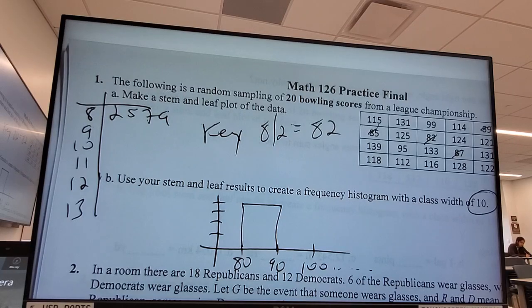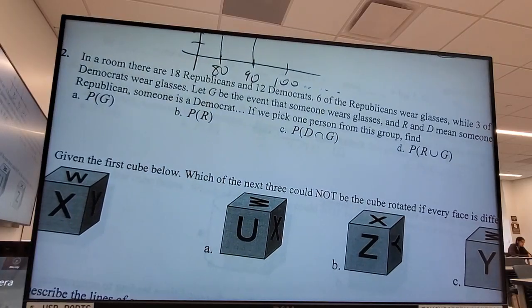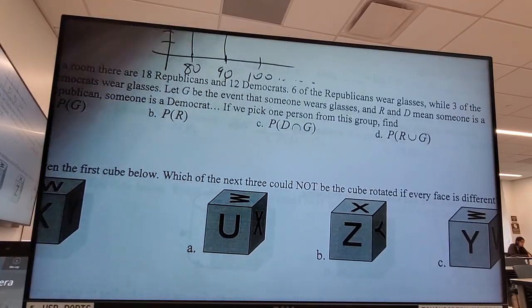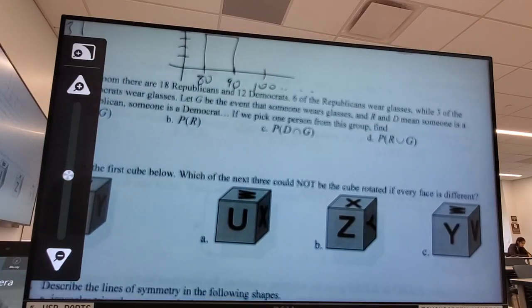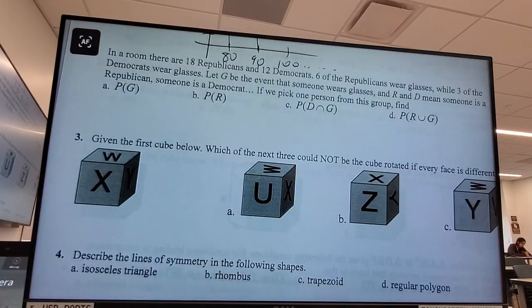Number 2. All right. So I got a bunch of people with political leanings and potentially eyesight that needs help. Yes? What does that 2A question mean? What does that symbol mean? What is it asking me?